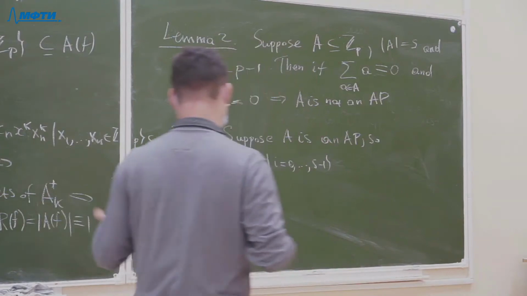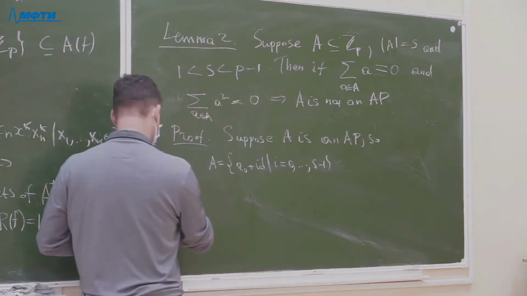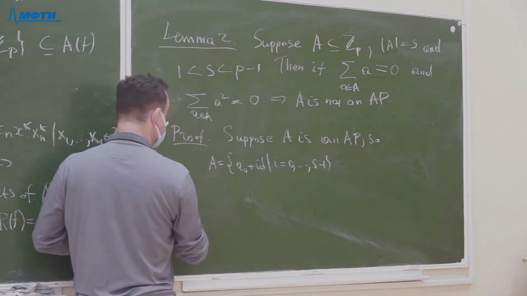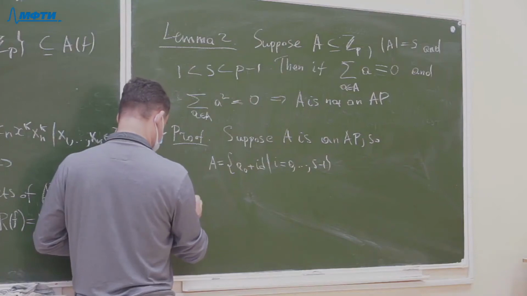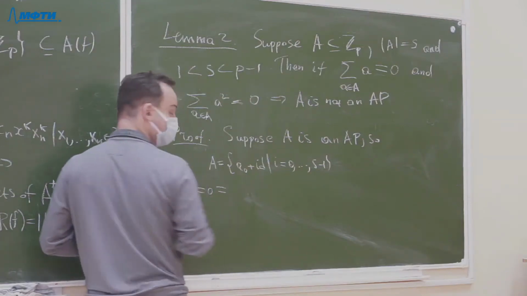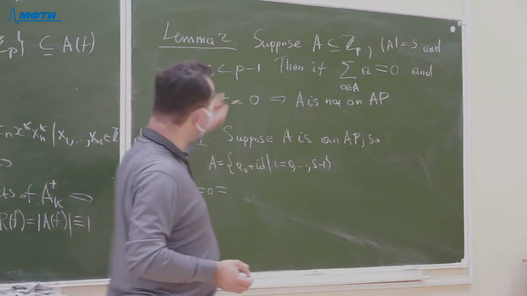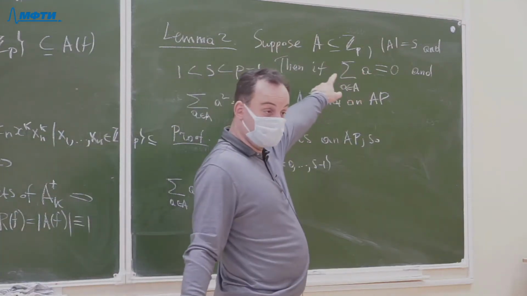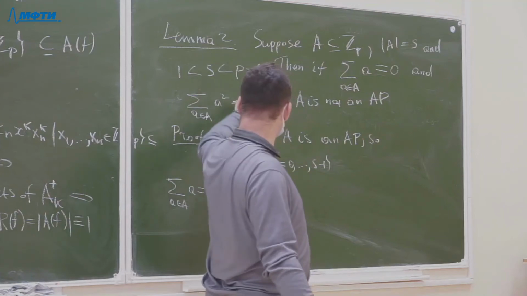Well, as far as we know, the sum of all the elements of A is 0, I mean 0 modulo P, naturally. And now this is also 0 modulo P.